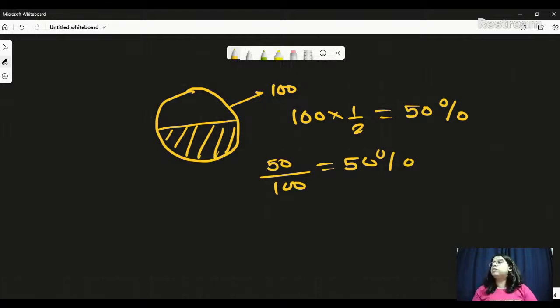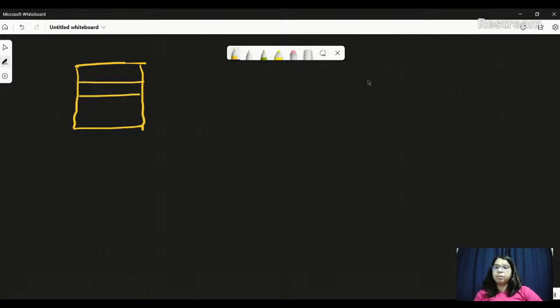We are going to see a few examples of how percentage can look in diagrammatic form, and then we will go to converting decimals to percentage and fractions to percentage. So let's say this is a square. Out of this square, I will shade 4.